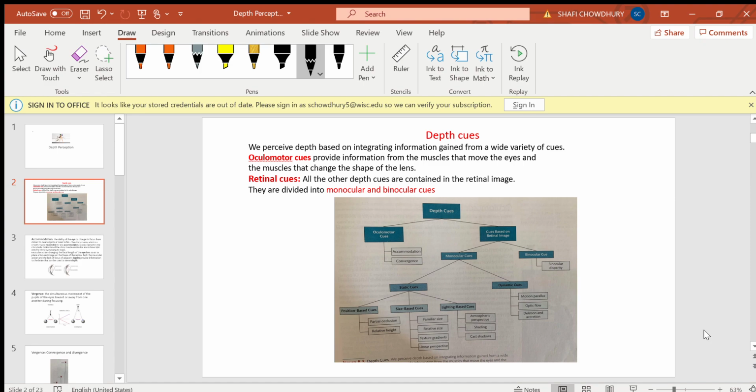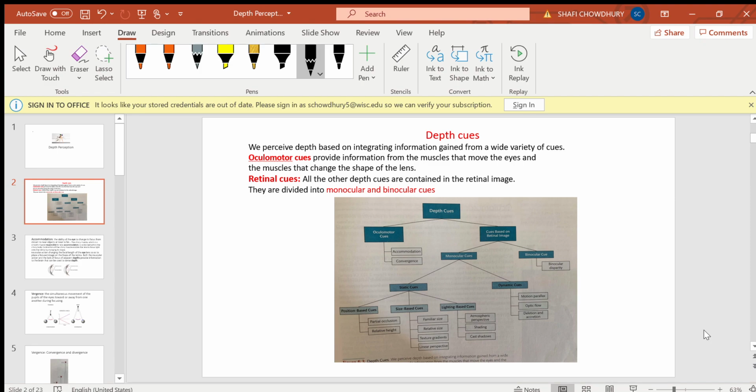So oculomotor cues depend on the movement of your eyeball, which is called the convergence, and the movement of the ciliary muscle in the ciliary body of the eye.